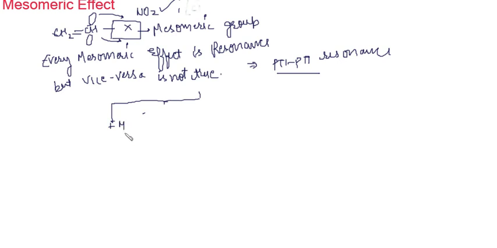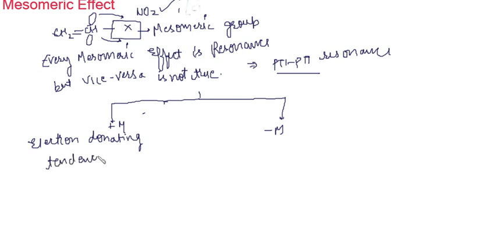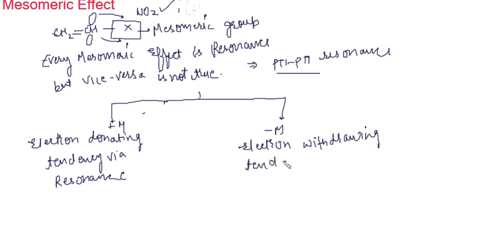One is plus M, the electron donating tendency via resonance, and the other is minus M, the electron withdrawing tendency via resonance.